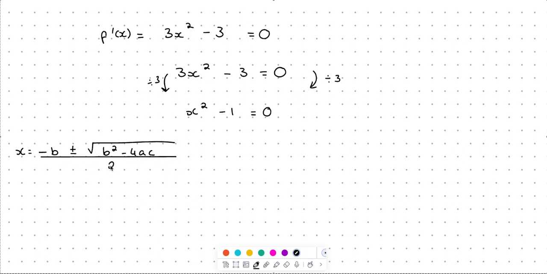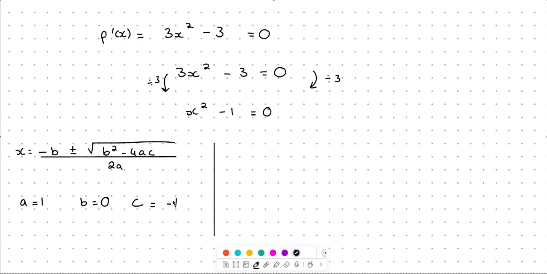When you use this, you need to remember that when you're getting your key, a, b, and c, a is the number in front of the x squared, which is 1. b is the number in front of the x term. But notice how there is no x term. So if there is no x term, then b is going to be 0. Okay? And then c is going to be negative 1, because that's the constant. Alright, so you can of course use the minus b formula to solve that and continue on this way.